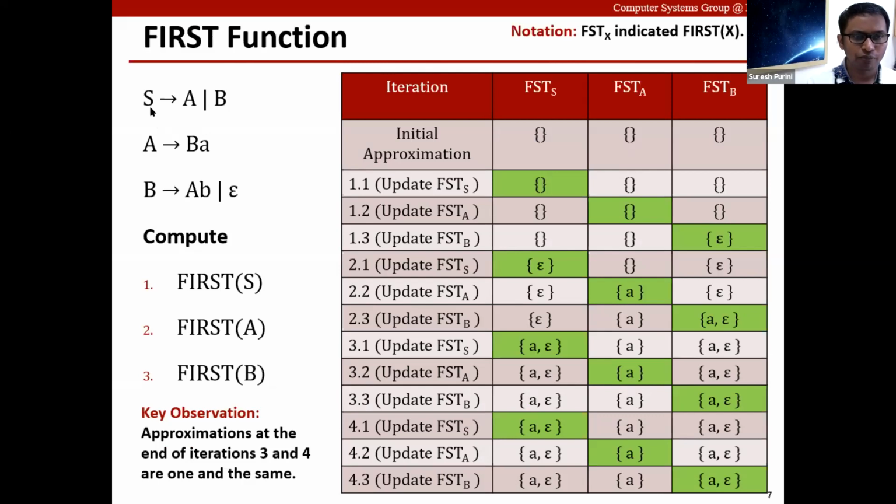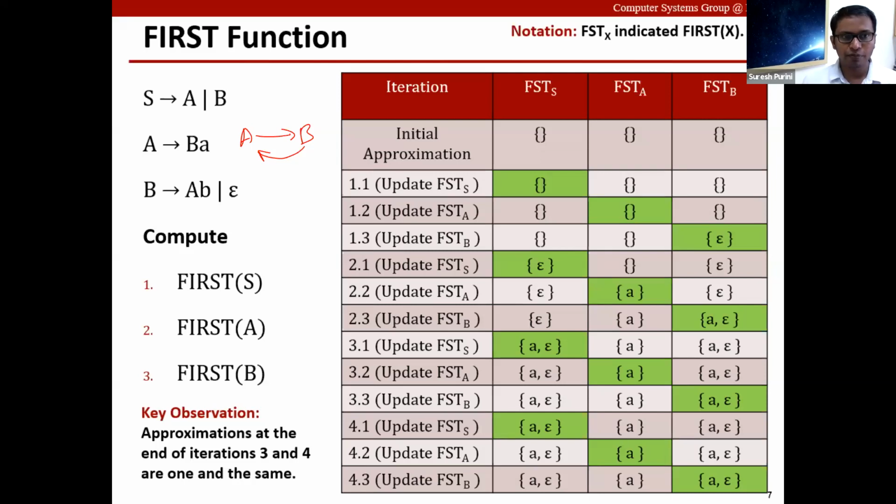In order to compute first of S, we need to know first of A and first of B. And in order to compute first of A, we need to know first of B. And in order to compute first of B, we need to know first of A. So there is a circular dependency between the computations of the first functions for the non-terminal symbols A and B.